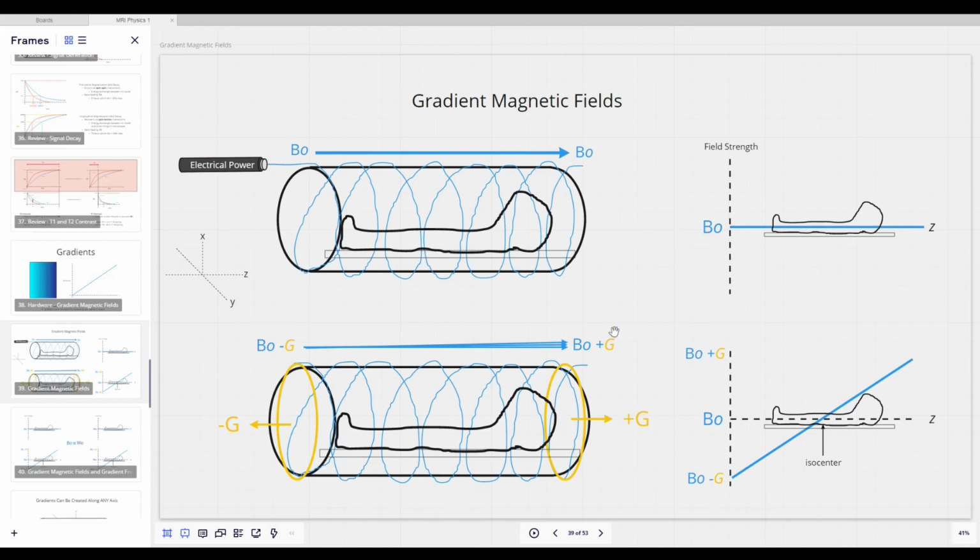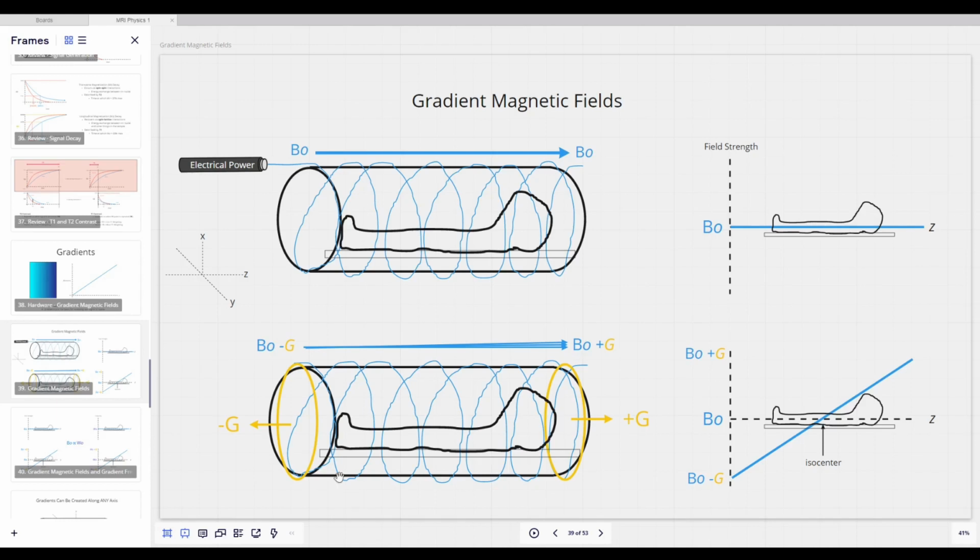So what happens to the net magnetization that's experienced by the protons in the patient? Up by the head, it's going to be a greater net magnetic field, right? Because these are both going in the same direction. And so it's actually the sum up here of whatever we had to start with plus this additional field that we've added. Okay, B naught plus our gradient magnetic field.